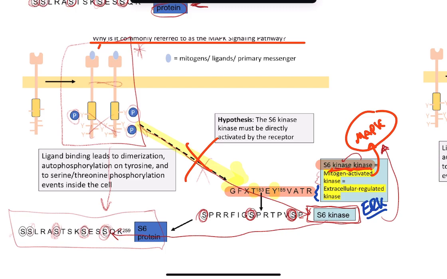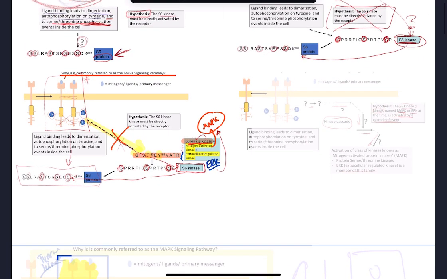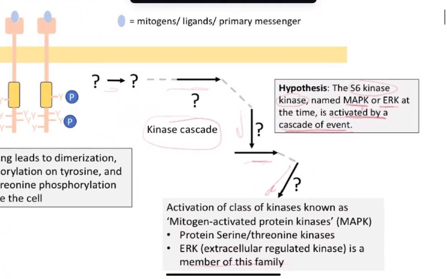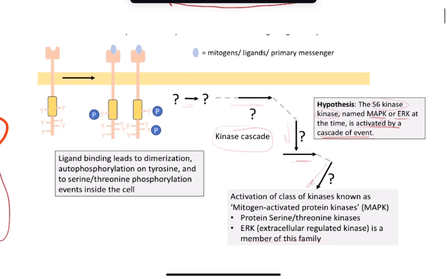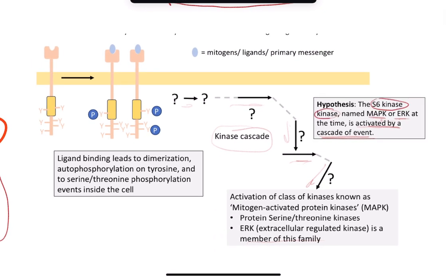And at the end of the day, they came up with the hypothesis that it's activated by a cascade of events. The S6 kinase, which they named the MAPK or the ERK. ERK is just a family of MAPK. It's activated by a cascade of events.